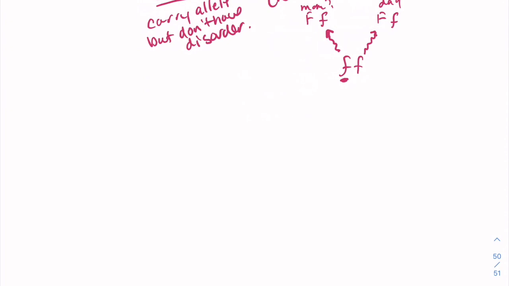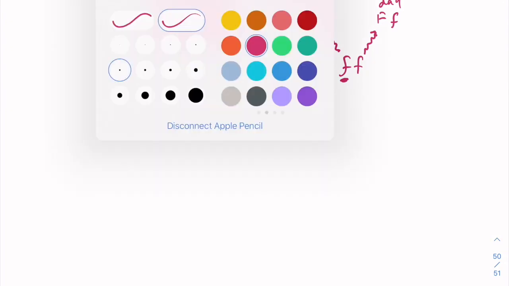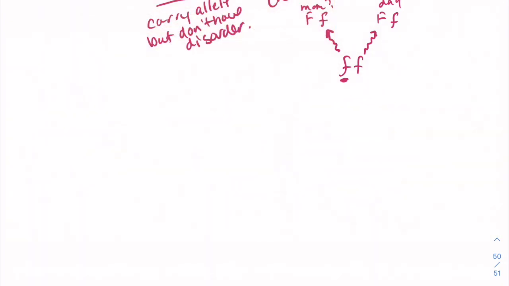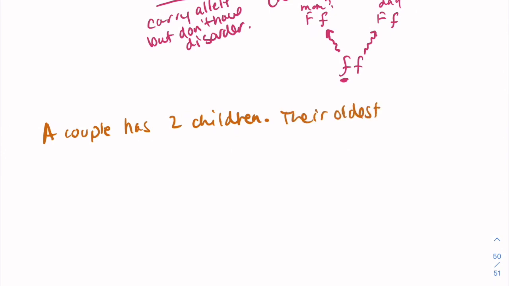Let's switch colors. Okay, let's say a couple has 2 children. Their oldest is of normal phenotype.